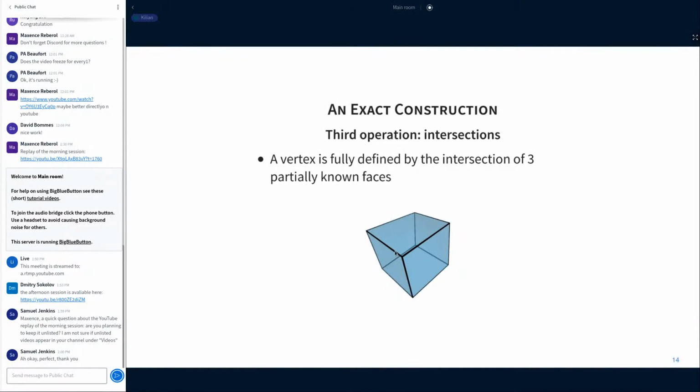So we have a bunch of operations that let us take our approximation and force the location of certain vertices of the mesh.